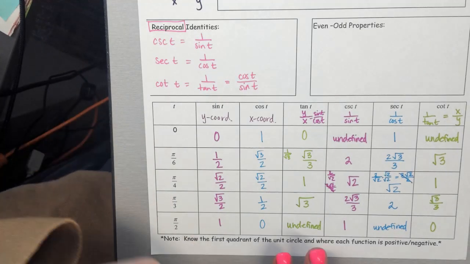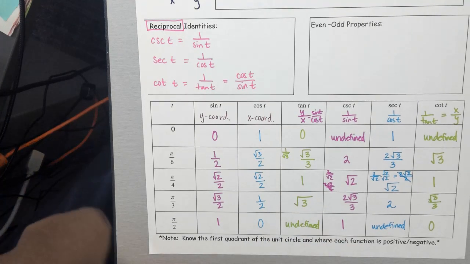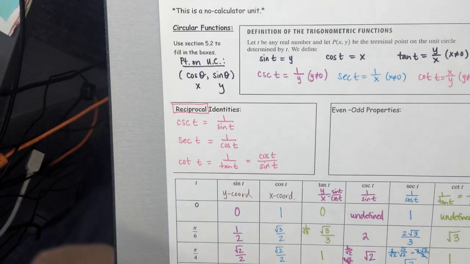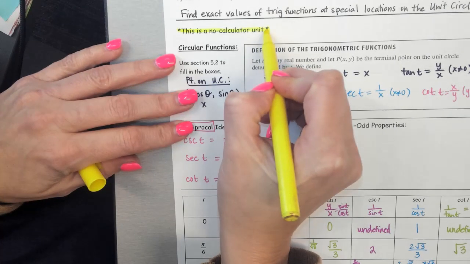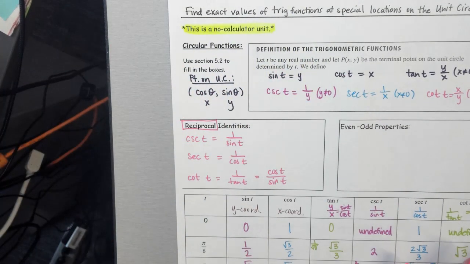Okay, and something new for us are going to be the even and odd properties. Okay, this is something we're also going to look at in Chapter 7. And to fully understand them, we're going to do a few things up here. So it says this is a no calculator unit.